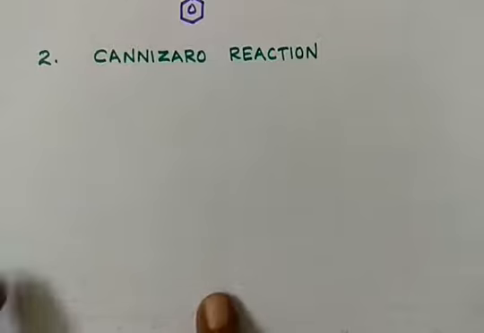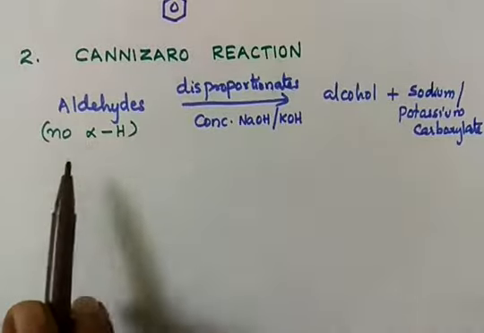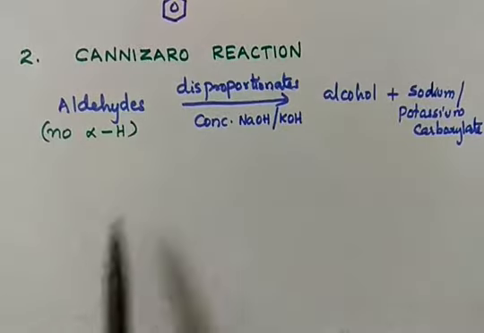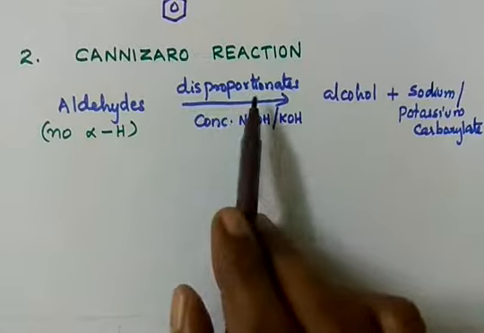Cannizzaro reaction. In Cannizzaro reaction, aldehydes having no alpha hydrogen disproportionate in presence of concentrated alkali to form alcohol and carboxylic acid salt. What do you mean by disproportionation reaction?